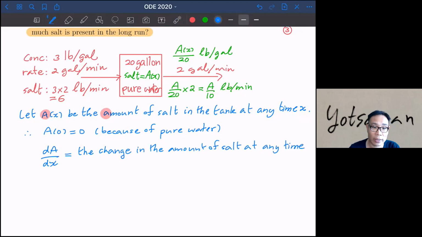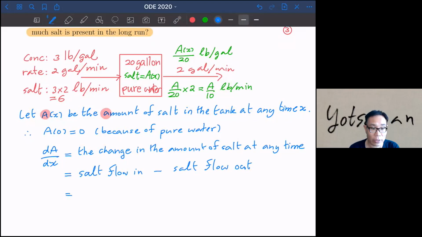This is given by the salt flow in, subtracted by the salt flow out.